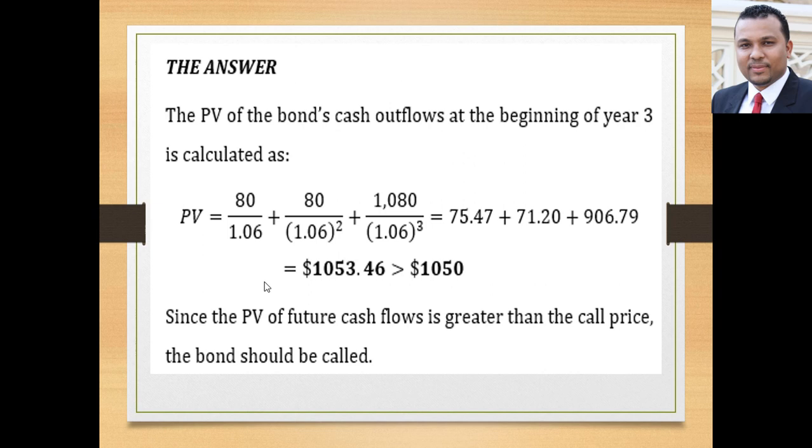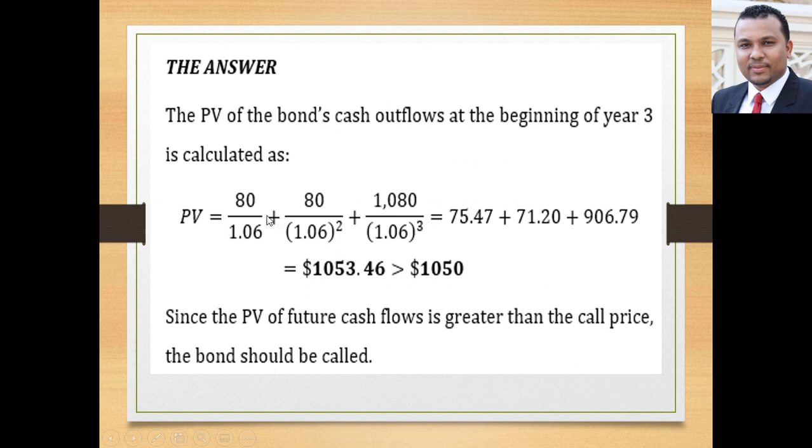We start from year 3 as year 1, year 4 as year 2, and year 5 as year 3, because the right to call the bonds starts from year 3, and this bond is protected only in year 1 and year 2.